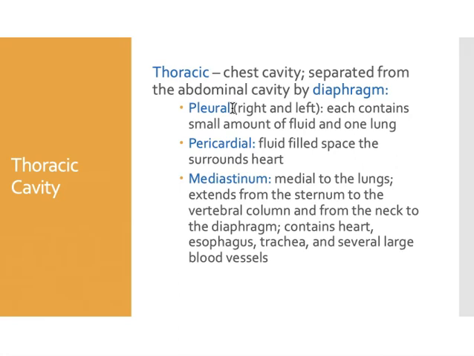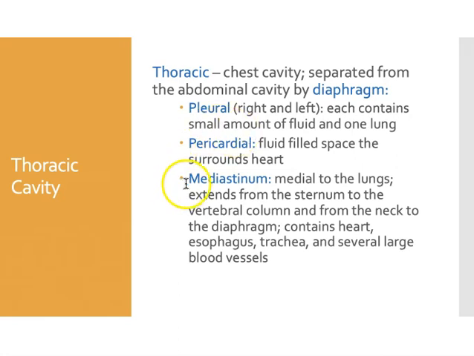So within the thoracic cavity, there is a right pleural cavity and a left pleural cavity. Surrounding the heart and the great vessels is the pericardial cavity. Again, this space has a small amount of fluid around it.